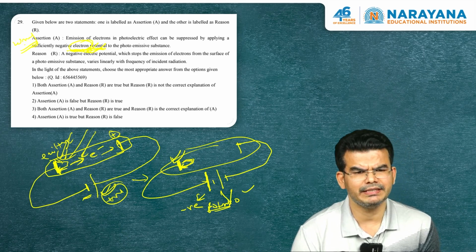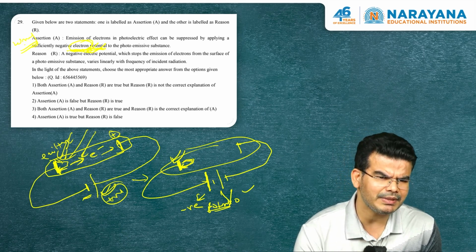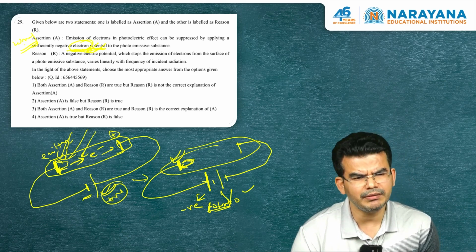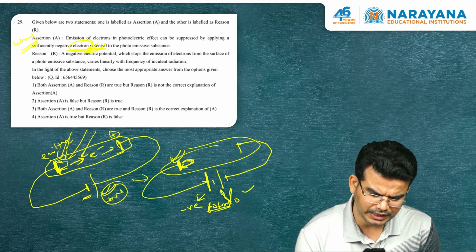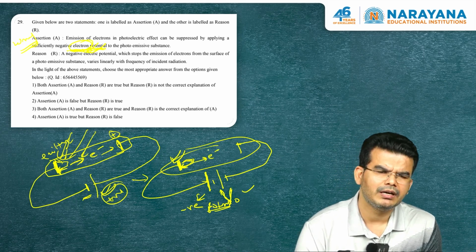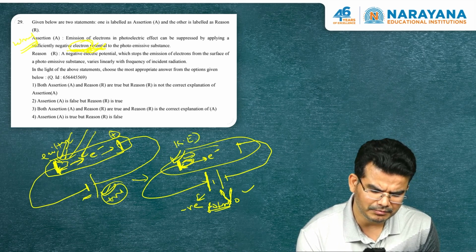Right now I said that at the stopping potential, the electron having maximum kinetic energy is also unable to reach the collector. So let us say this potential is V naught. The electron which is coming out has maximum kinetic energy.